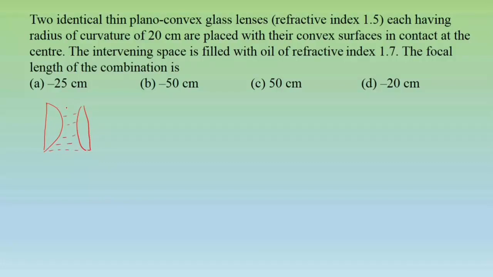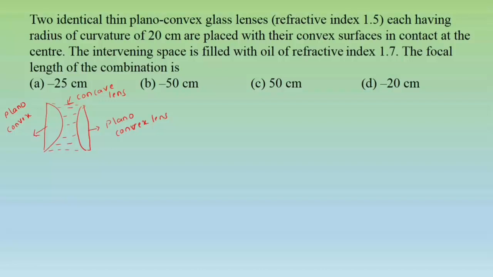This is the intervening space. Now you can observe the diagram. So this is a plano-convex lens, and this is a concave lens, but it is made of oil, and the third one is again a plano-convex lens.